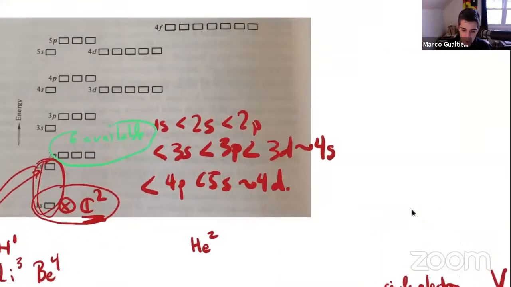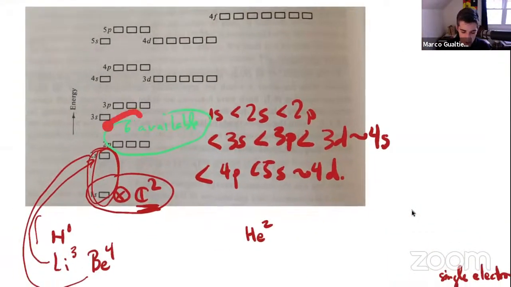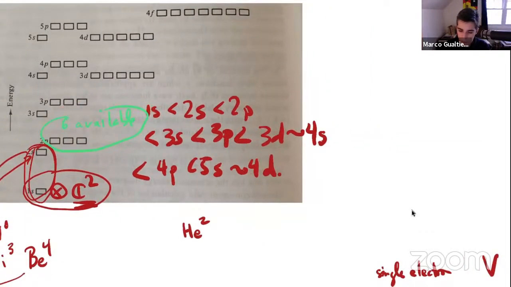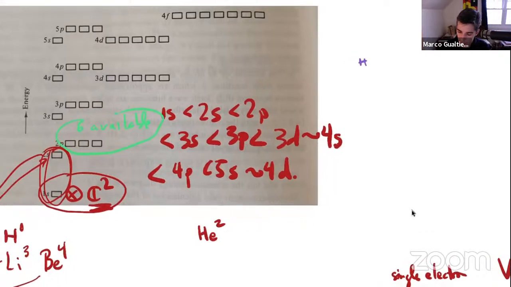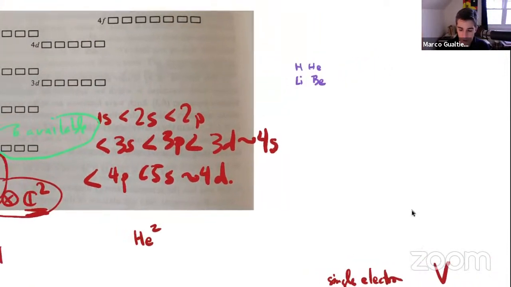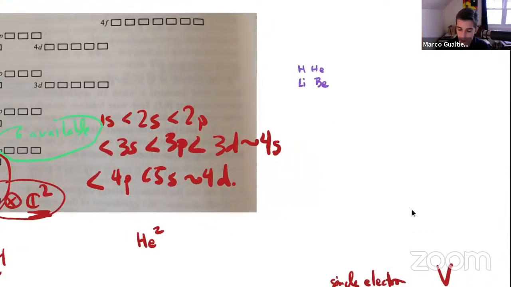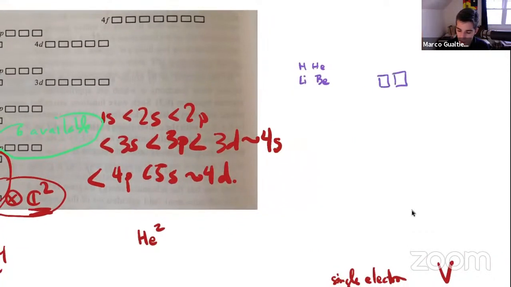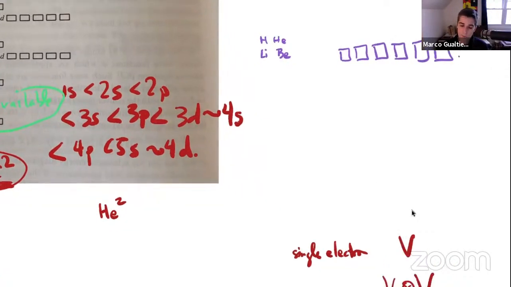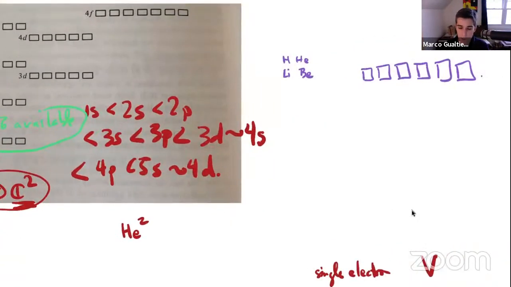Okay, so at this point here, there would be 6 available new states. So when you have your hydrogen and helium, and you have your lithium and beryllium, when you add an extra, then there will be 6 additional elements available at this point.